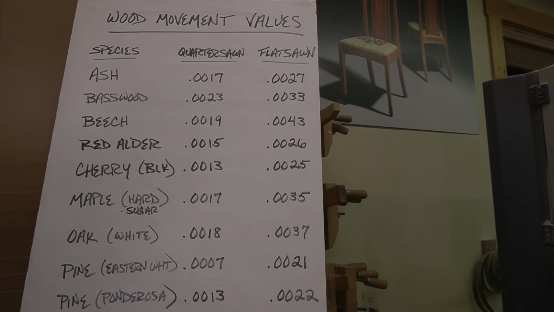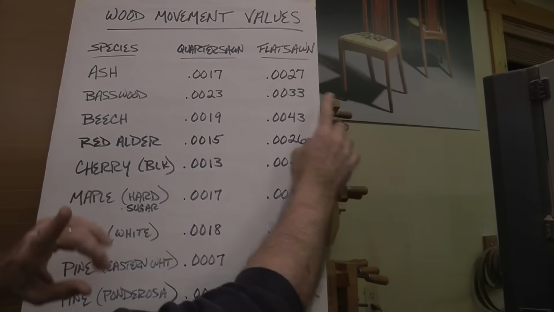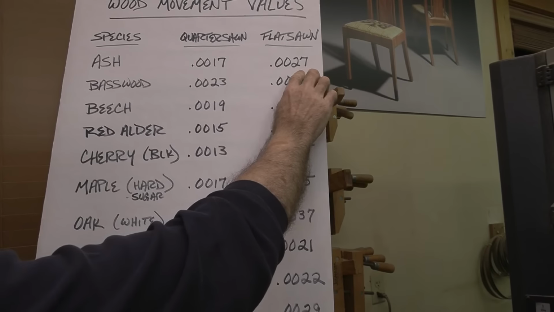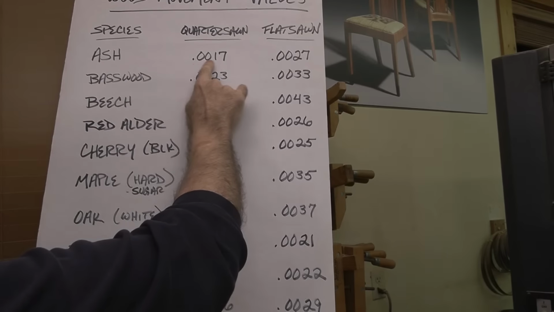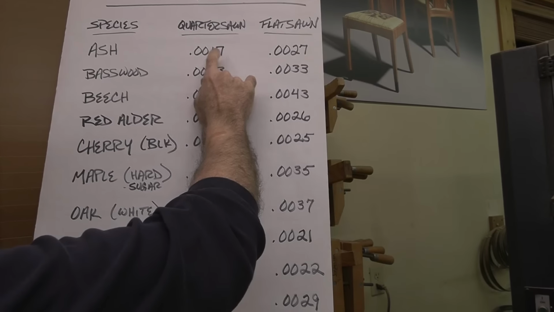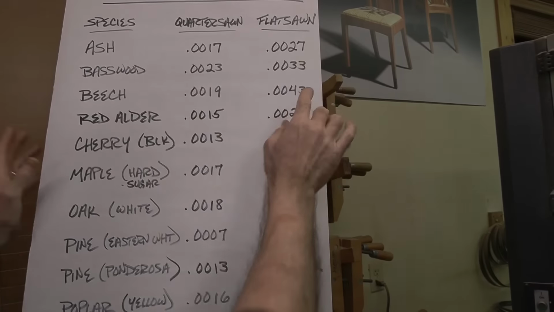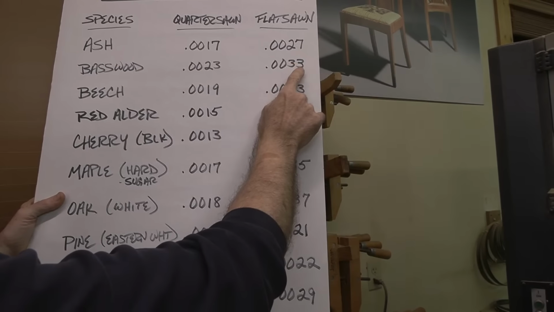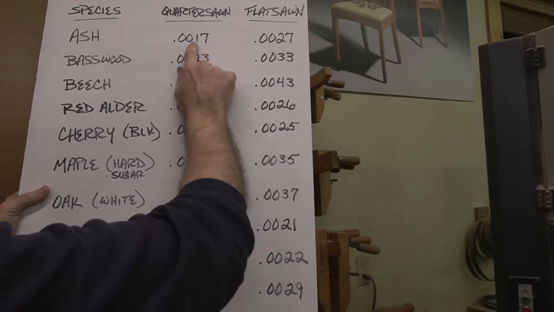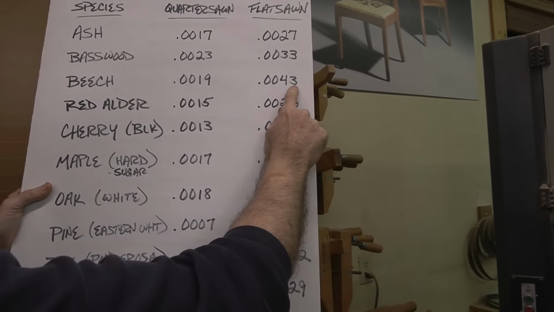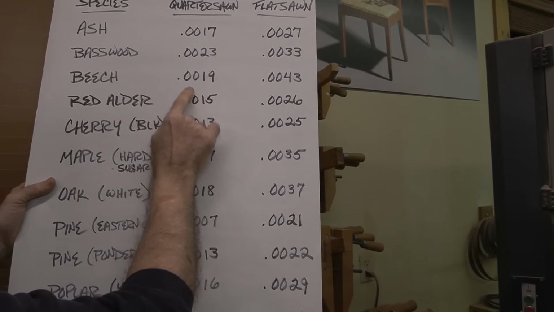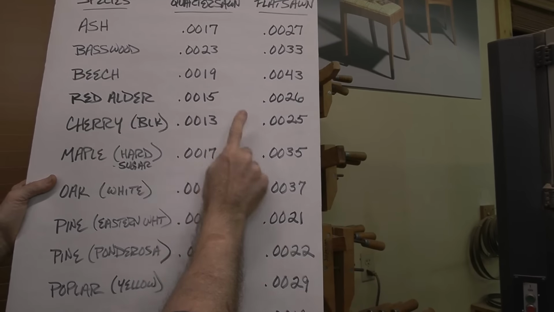It's not important that we know exactly that, but just notice the difference. On a flat sawn piece, it's moving 27 thousandths. On a quarter sawn piece, it's moving 17 thousandths. Just look at the ratio here. In beech, it's 43 thousandths to 19. So you can see the quarter sawn is less than half in that piece.